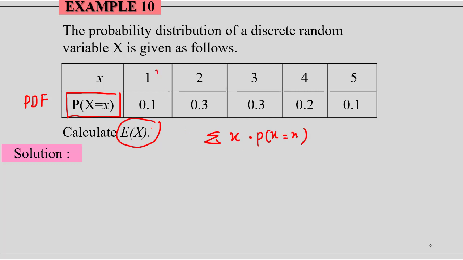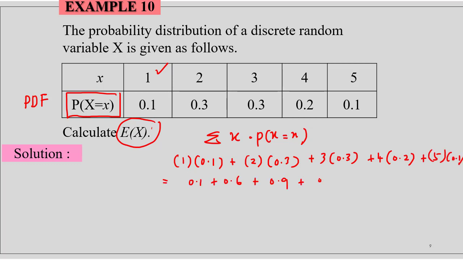The first random variable value is 1, so it is 1 multiplied by 0.1, and we continue with the following. Let us total up. You get that the mean is 2.9. That's it. It's very simple.